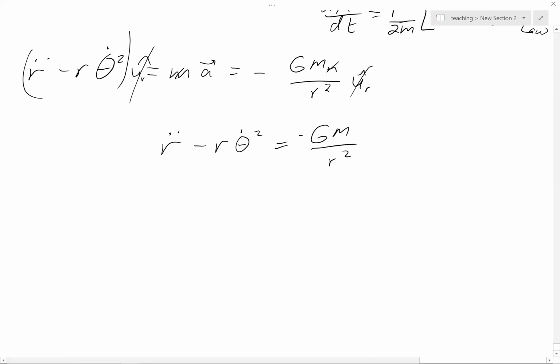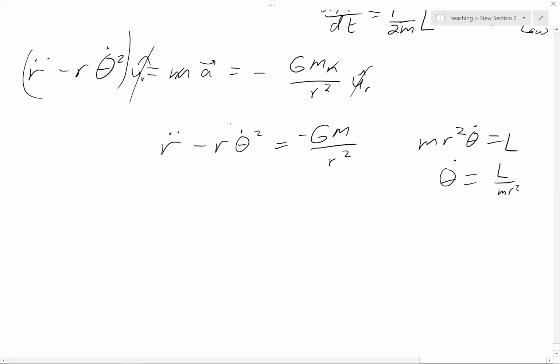Okay. Well, the first thing I want to do is, at least temporarily, get rid of theta, and I'm going to do that with conservation of angular momentum, because we had m r squared theta dot is L. So theta dot is L over m r squared.